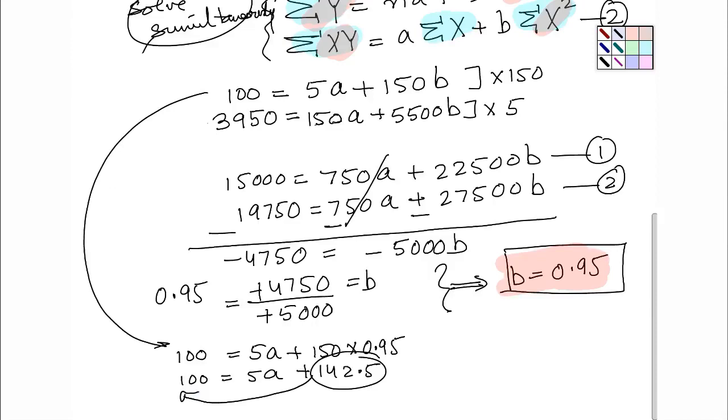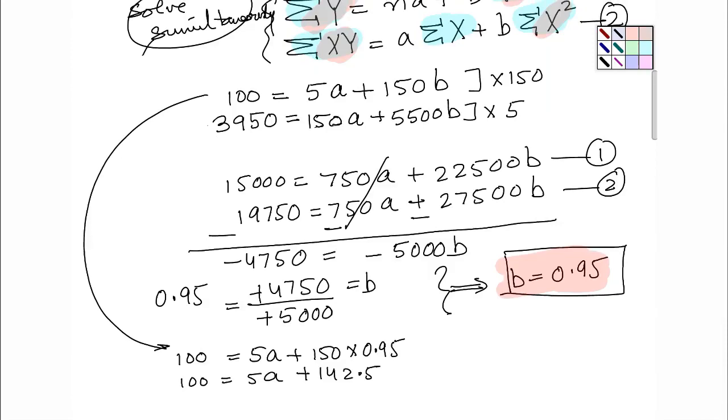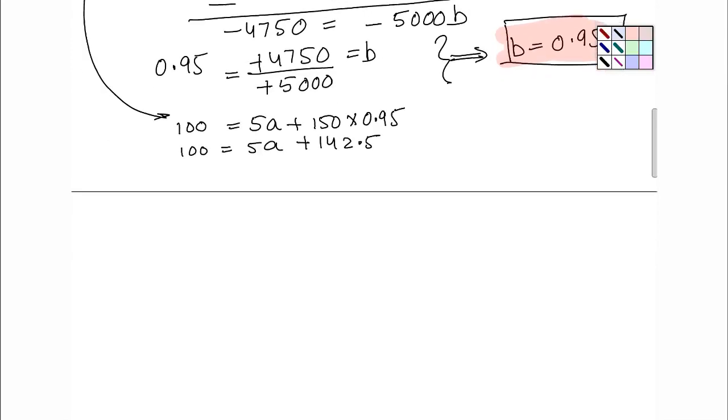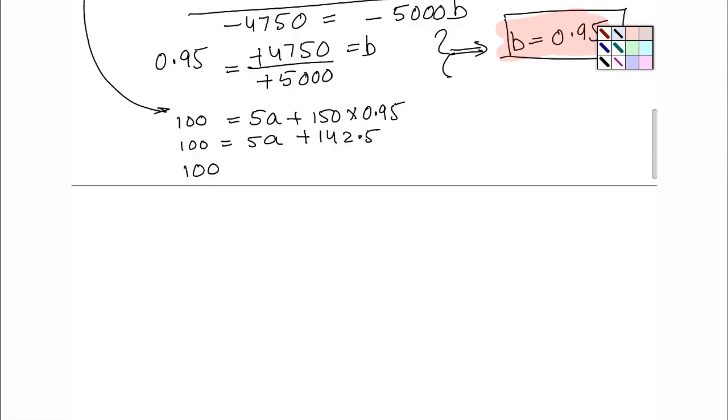Now I can take this plus 142.5 to the other side, and what happens when I do so? The sign will change. So let us go ahead and send it over there. We'll get 100. This 142.5 goes to other side of equal, becoming minus 142.5. Remember, it is plus, so on that side it will become a minus. Is equal to 5a.